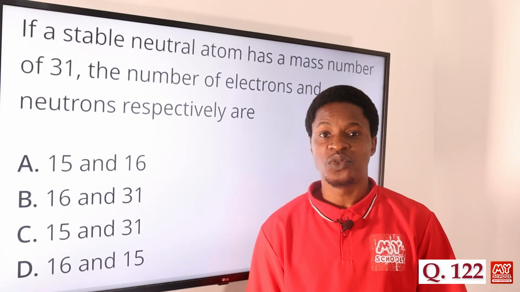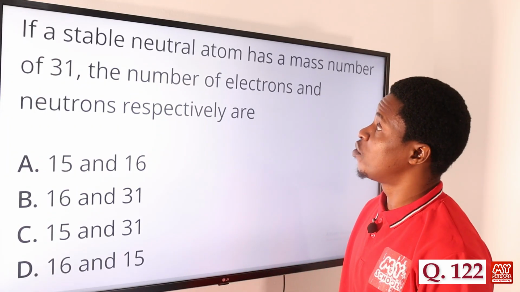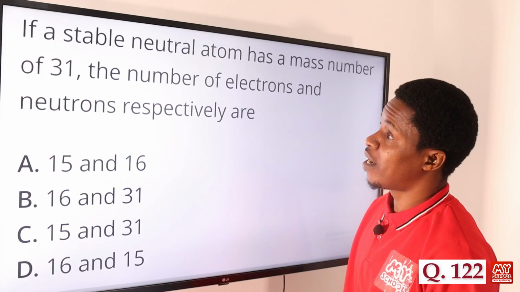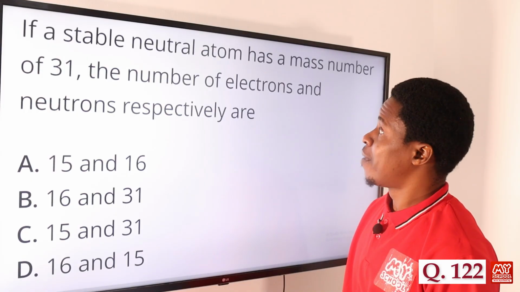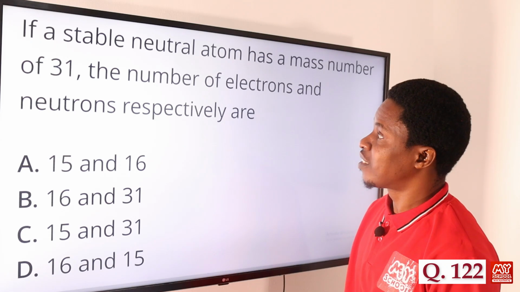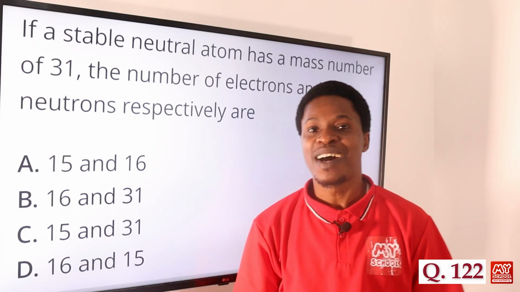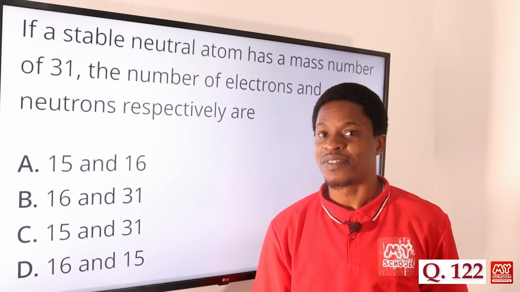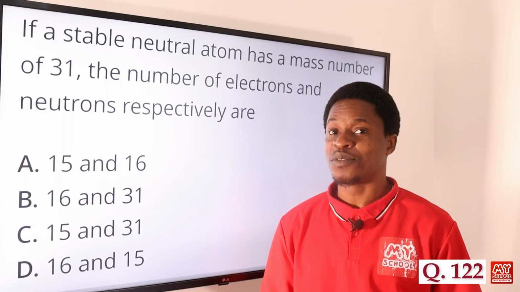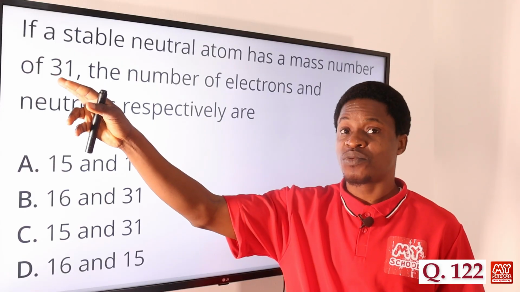Question number 122. If a stable neutral atom has a mass number of 31, the number of electrons and neutrons respectively are. We were just given the mass number to be 31. Usually what I do is I just divide this by 2, okay?